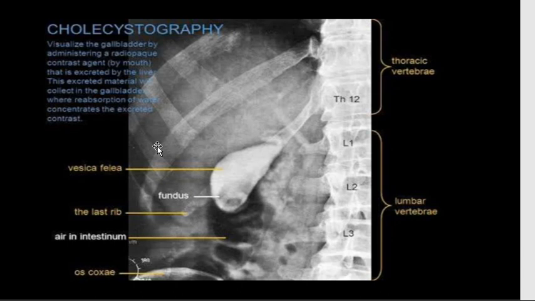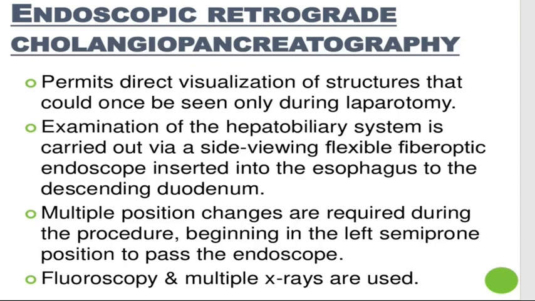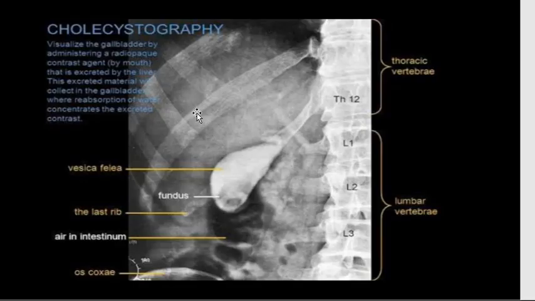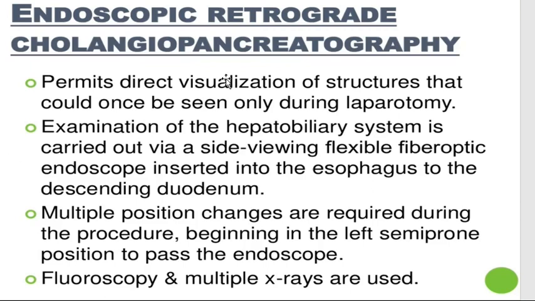So when that material passes into the liver, we will visualize the gallbladder through cholecystography. And this cholecystography is the same as IVU, intravenous urography, in which we will check the kidney as well, ureter and bladder.